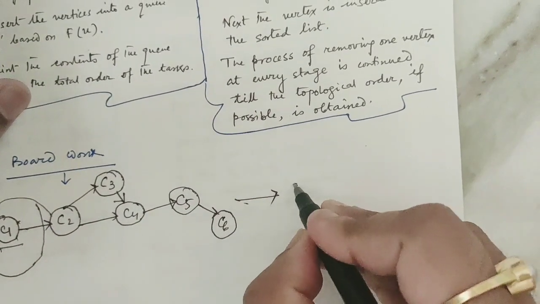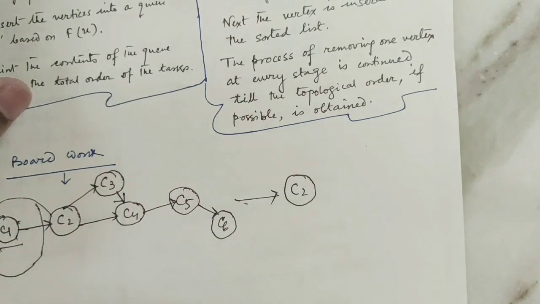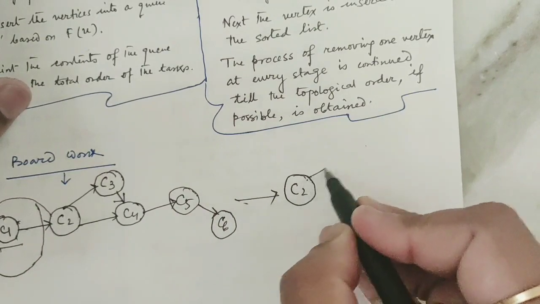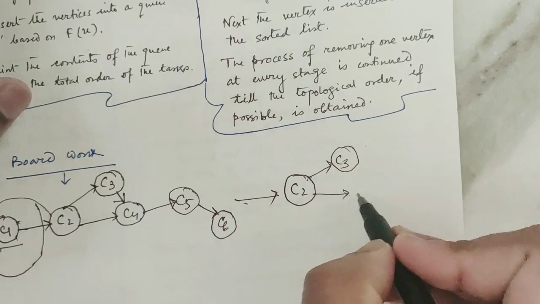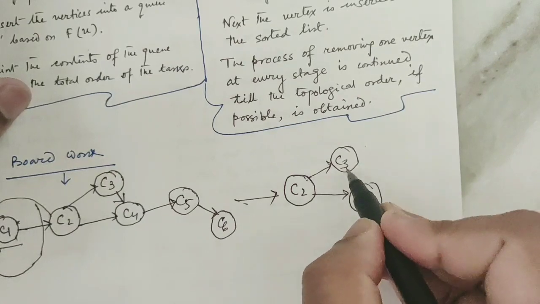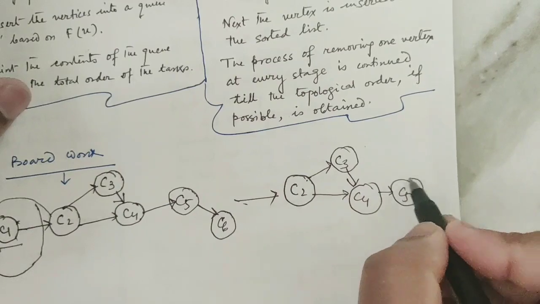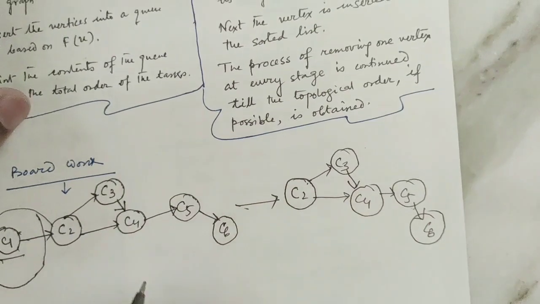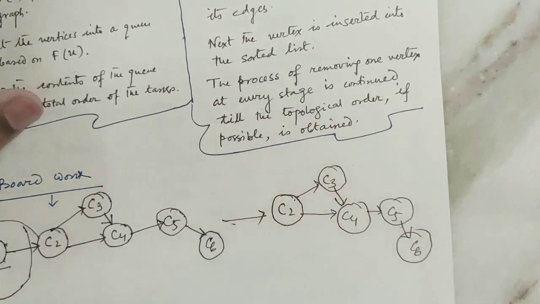So we have to start drawing the graph from C2, because C1 is not part of it after the removal along with its edge. So C2 is here, C2 to C3, C2 to C4, C3 to C4, C4 to C5, C5 to C6. Then it was told that next the vertex is inserted into the sorted list.